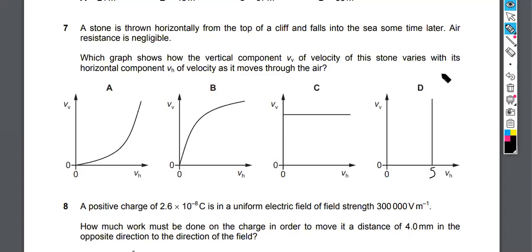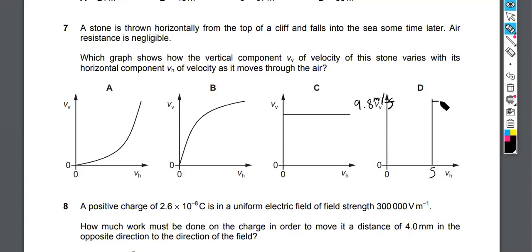So it stays at 5, doesn't change, it doesn't vary, all right? But what happens to the vertical component? The moment we release it from the top of our cliff, in the y direction, it's going 0. But then what does gravity do? 1 second later, it speeds it up to 9.8 meters per second, right? Because that's the acceleration. Every second, it gains this much velocity.